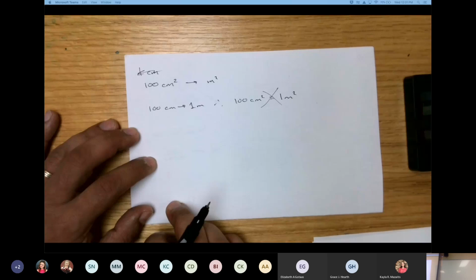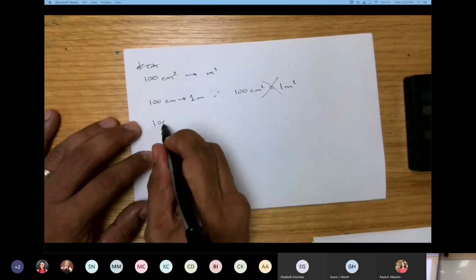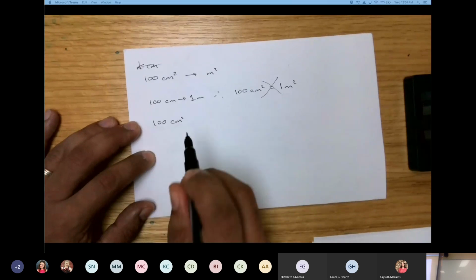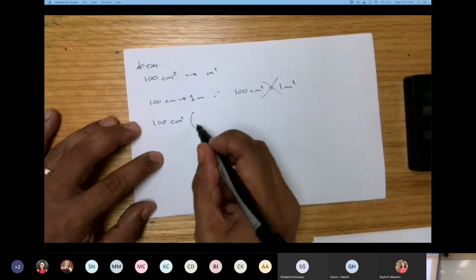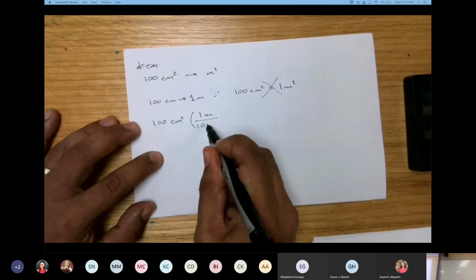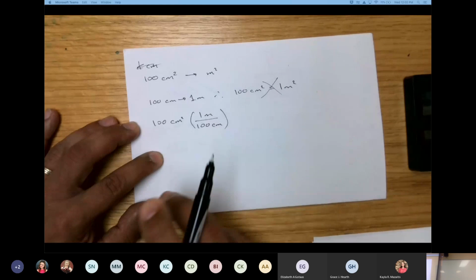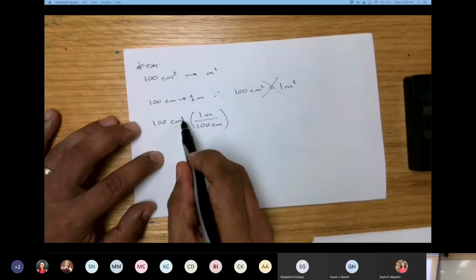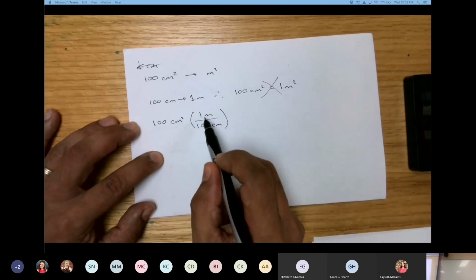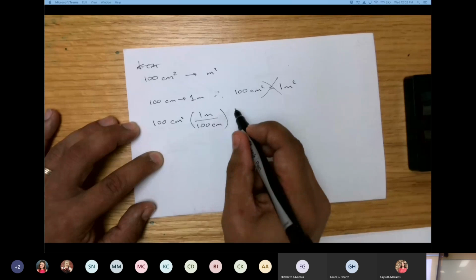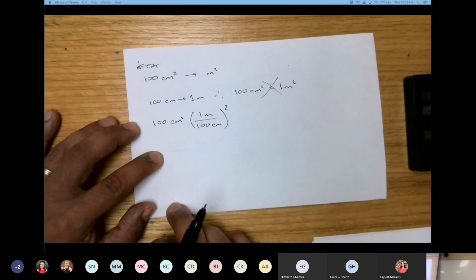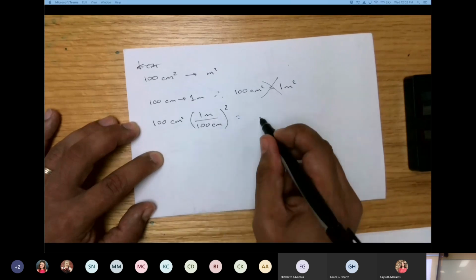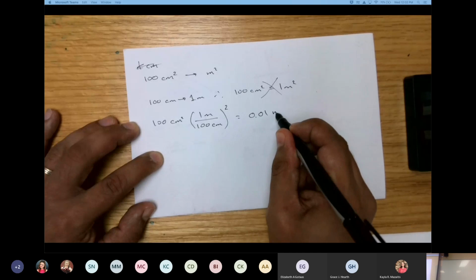So if you have 100 centimeters square and you want to convert that to meters, well, you know that 1 meter is 100 centimeters, and that's fine. But because you have square, you have to do this conversion twice. So this goes to square. So 100 centimeters squared is actually 0.01 meters square.